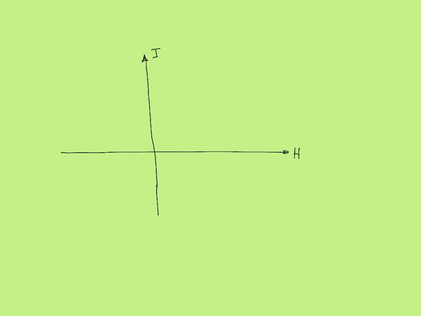This is known as the hysteresis curve, the magnetic hysteresis curve. Now suppose you have a ferromagnetic substance with domains randomly arranged, so it is completely demagnetized.